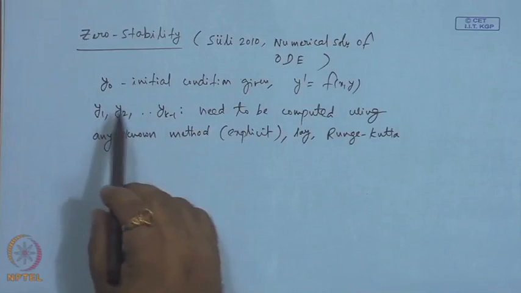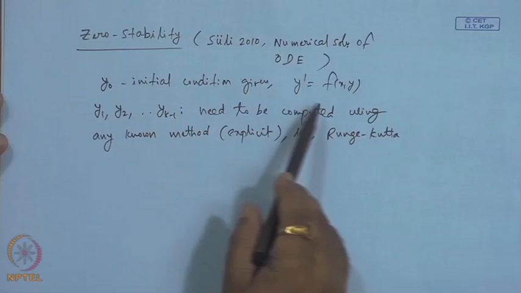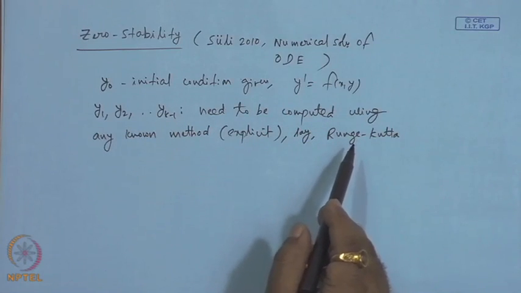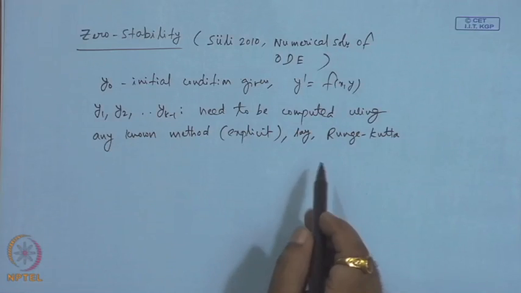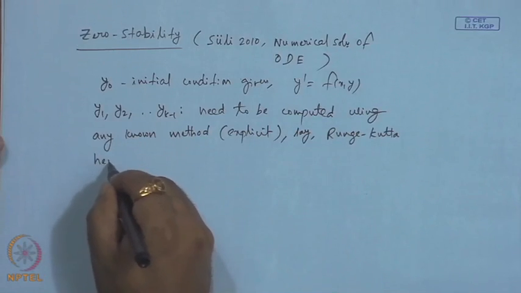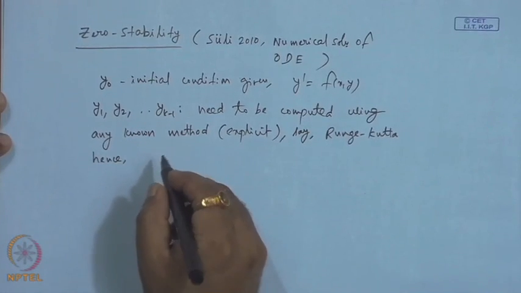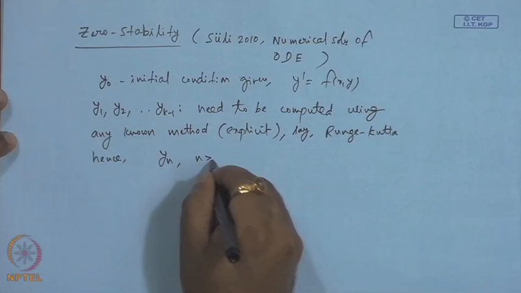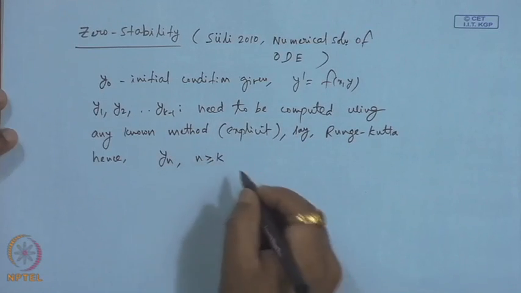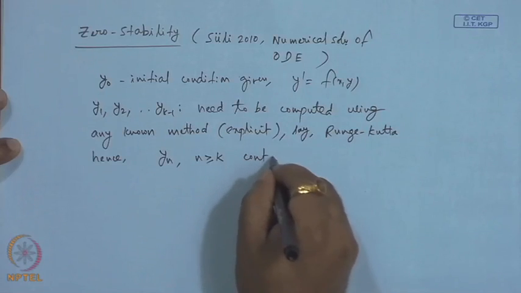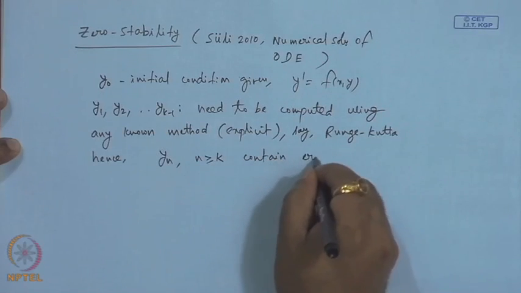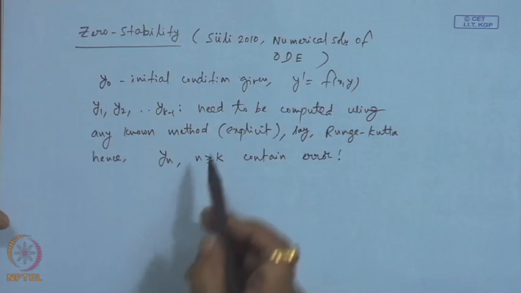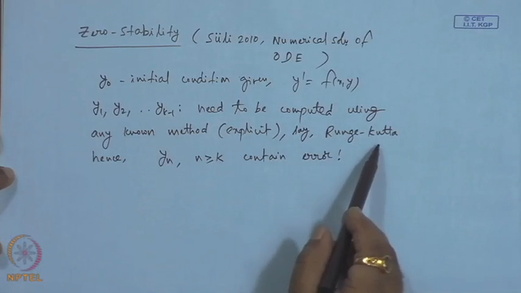Yeah. So, let us look at 0 stability. These are the initial conditions given, and these need to be computed using any known method. Hence, all y n's, n greater than or equal to k, contain error, because these are computed using some known method.